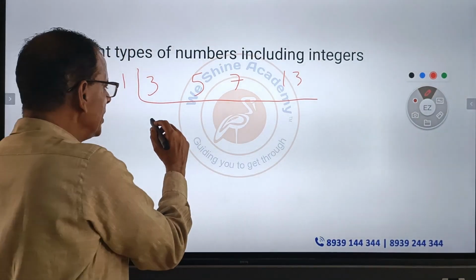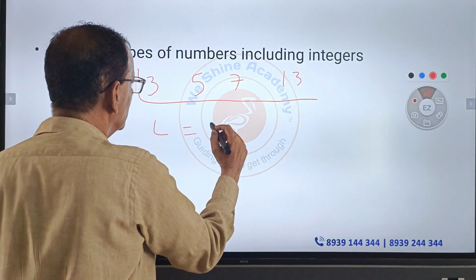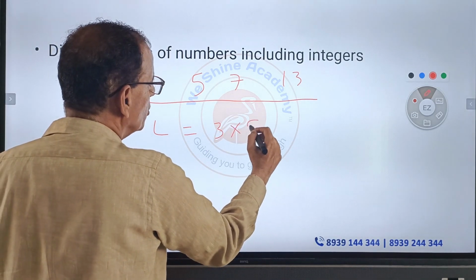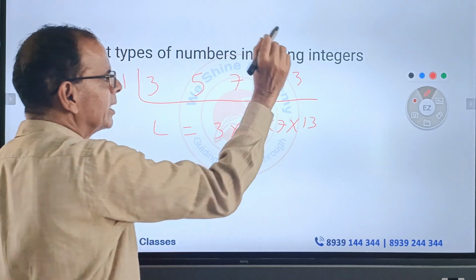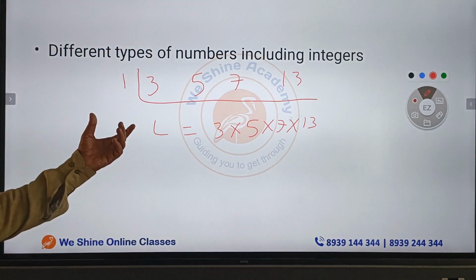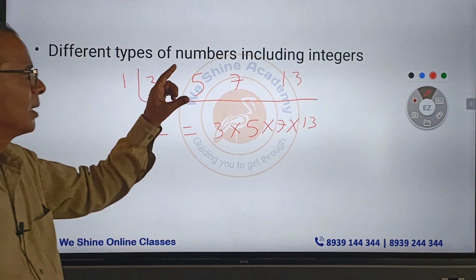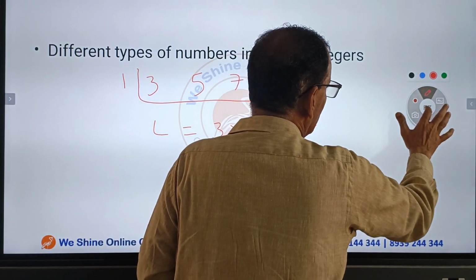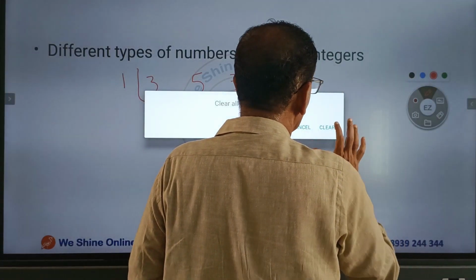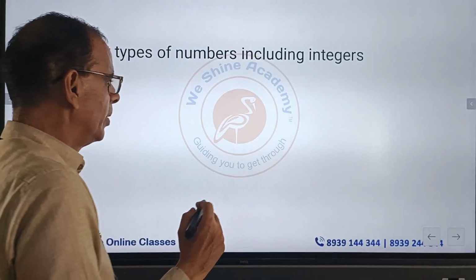What is the LCM of prime numbers? 3 into 5 into 7 into 13. That is, the product of the numbers is the LCM. This is about prime number, composite number. It is very important.